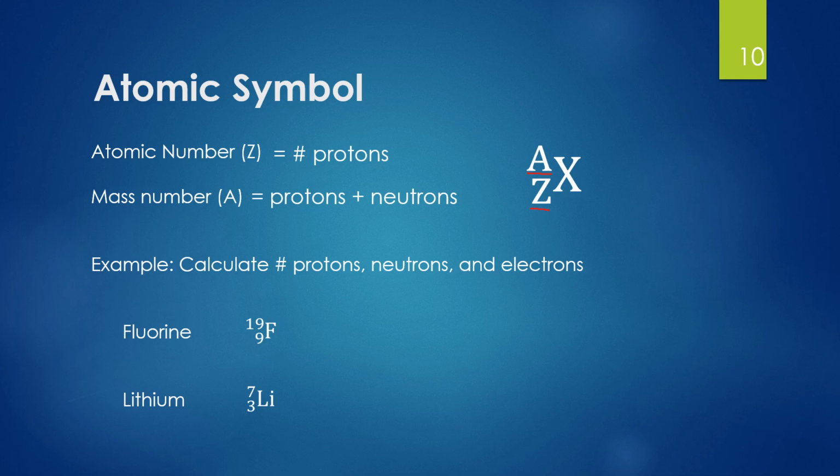Because remember, protons and neutrons are the only 2 subatomic particles that have mass. So if we add the number of protons and neutrons together, we can figure out what the mass number is. With atomic symbols, you'll notice that the mass number is always going to be a whole number, since protons have an atomic mass unit of 1 and neutrons have an approximate mass unit of 1 as well.